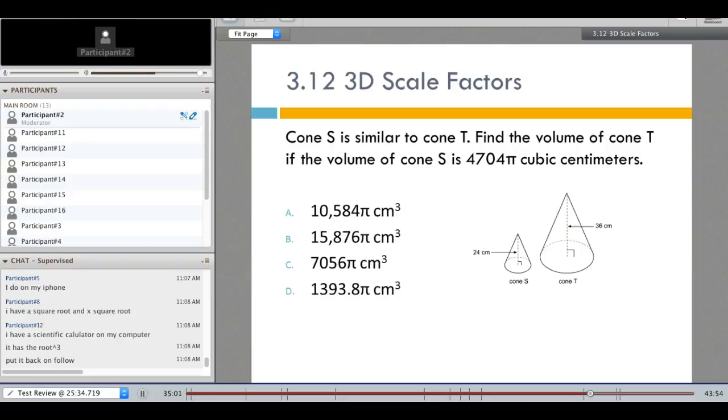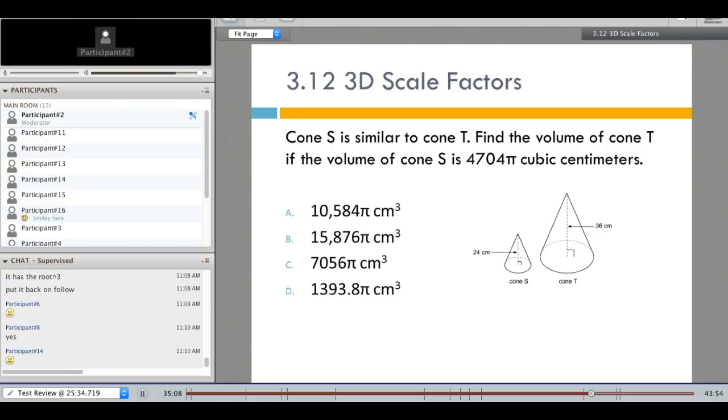Okay. So in this particular case, it doesn't matter what goes in the numerator or the denominator, and the reason is because we're actually looking for one of these volumes. So here's what we're going to do. We're going to fill in the volumes. Let's say we'll just call cone T volume 2, so this one would be volume 1.